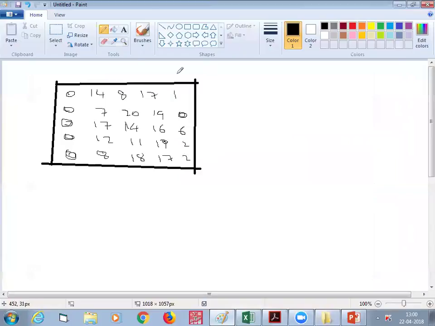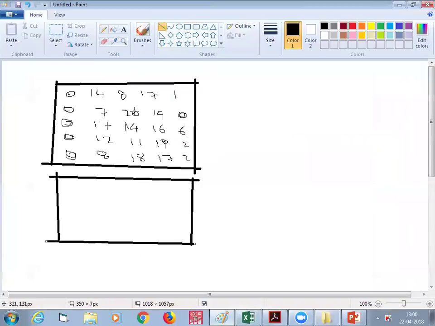Okay, now same thing I have to do column-wise, correct? First column is anyway all zeros, so maybe I can just copy this. It's a bit bigger than that one anyhow.